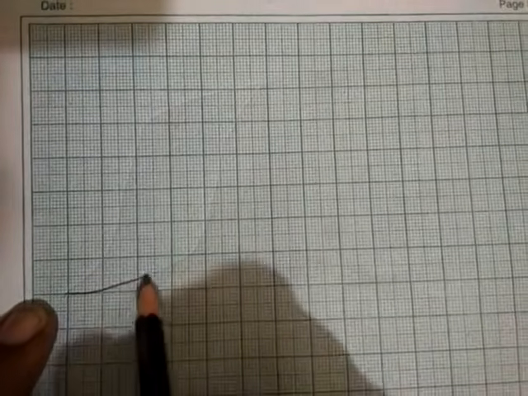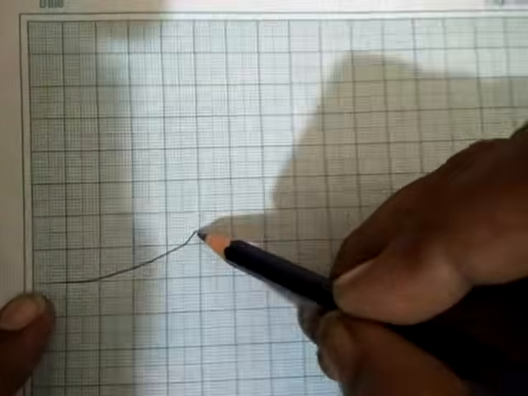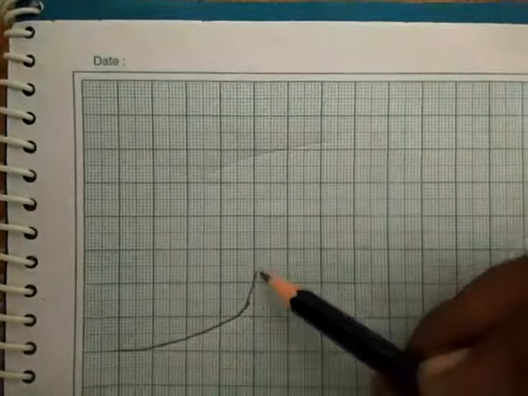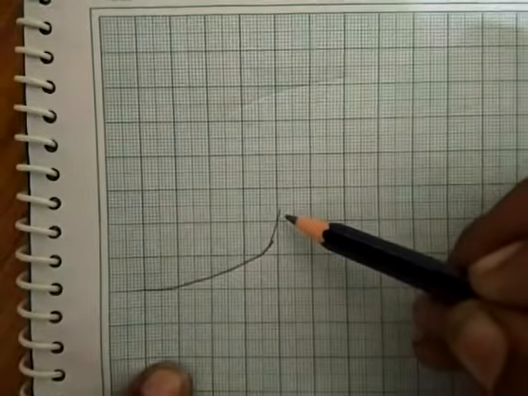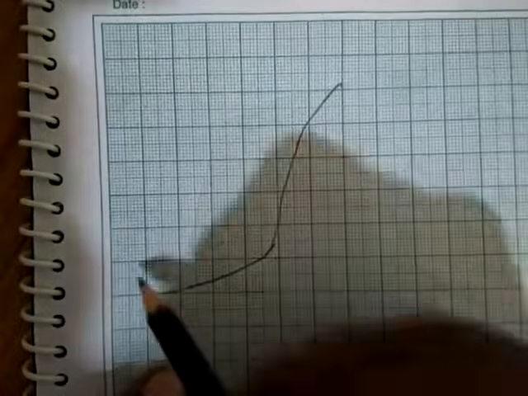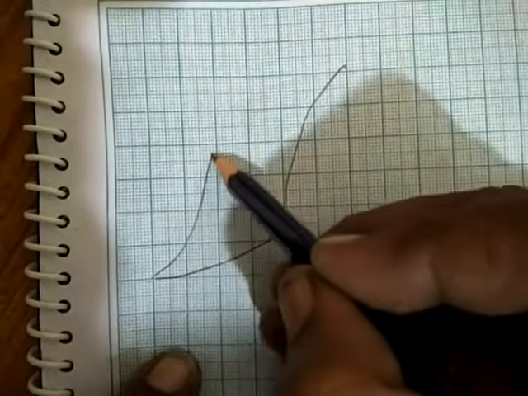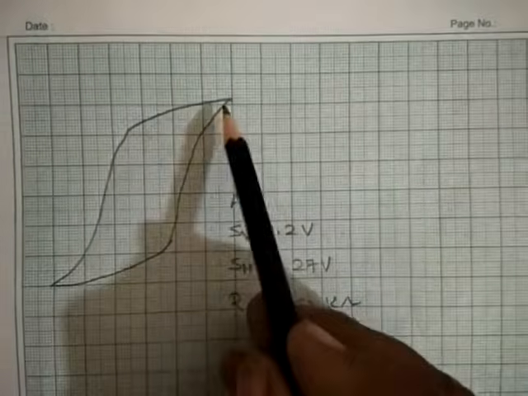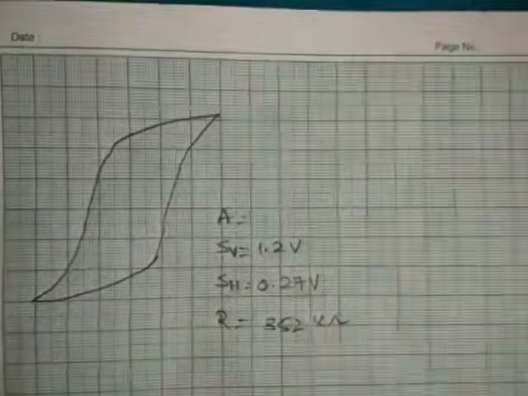Now remove and redraw on this impression. Now we will measure the area under this graph, or the BH loop.